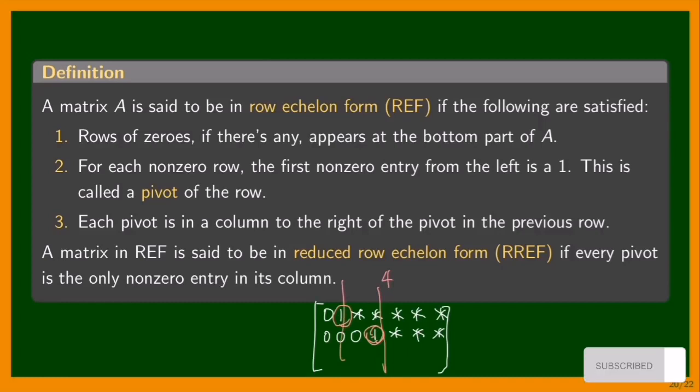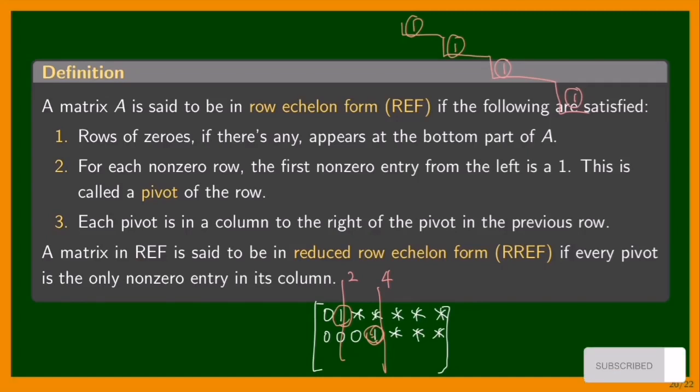When you look at the column numbers of the pivot, ito ay column 2, ito ay column 4. Nasa kanan ng 2 yung 4. Well, anyway, condition number 3 simply says that the pivots must be arranged in a ladder form, like this. Parang kung 1 ito, yung susunod na 1 nandito, yung susunod na 1 nandyan. Hindi kailangan equally spaced. Basta kailangan naka-ladder.